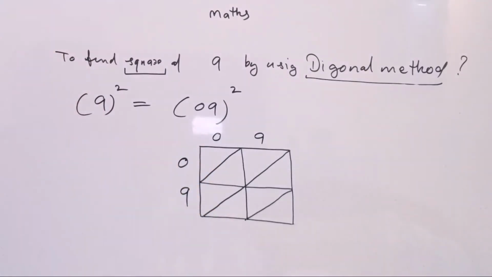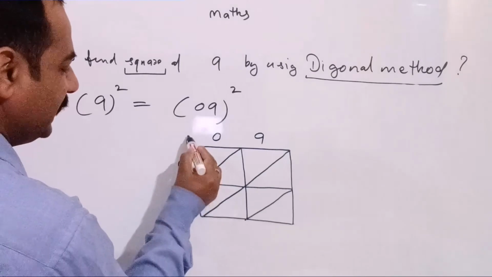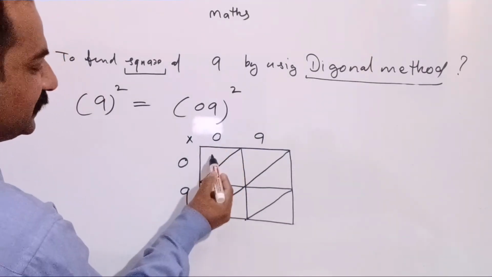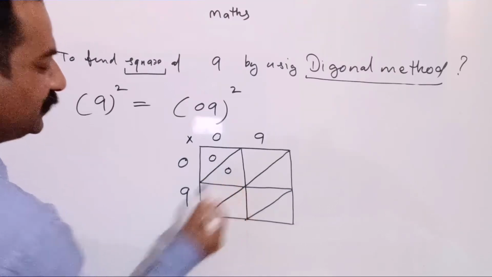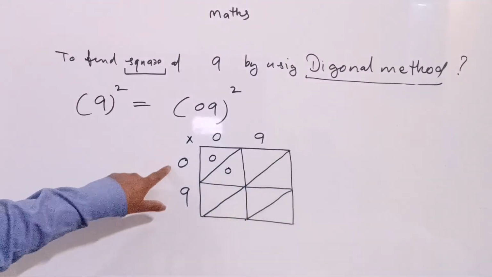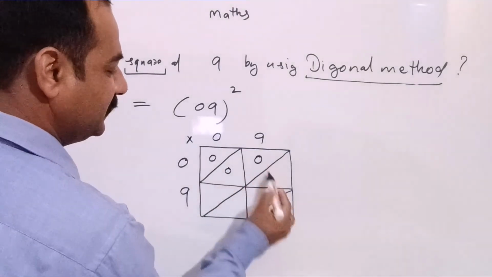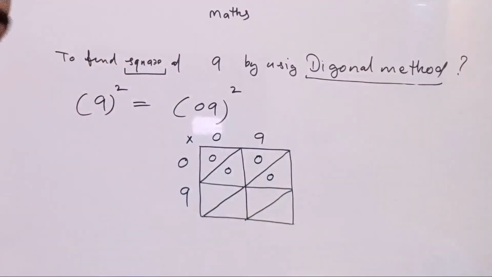Okay. Now we will multiply 0 into 0. This is 0. 0 into 9, again we have 0.